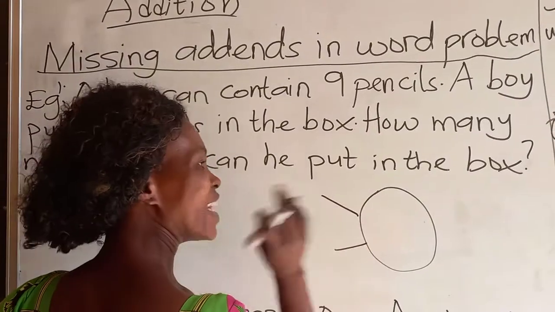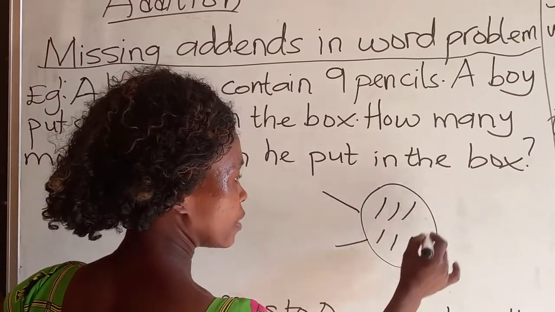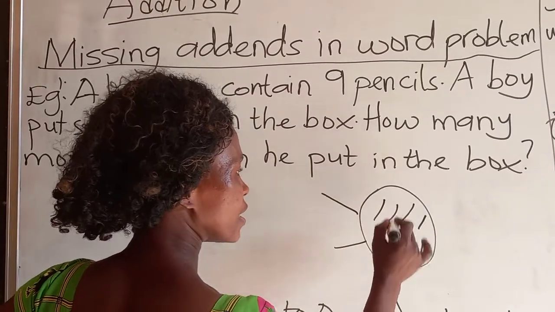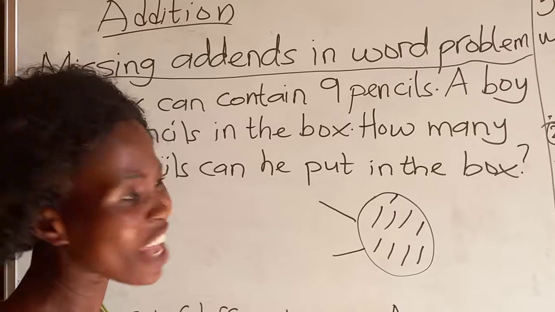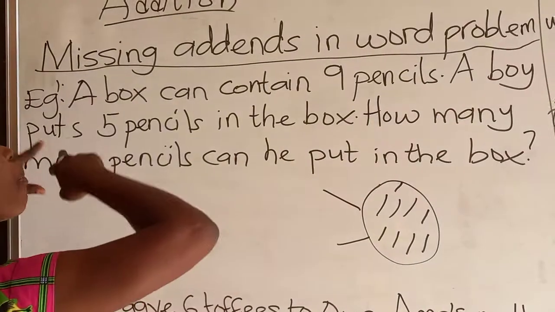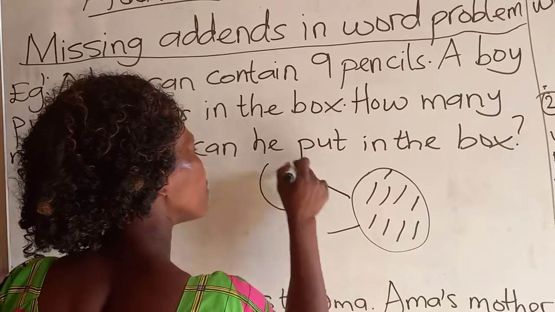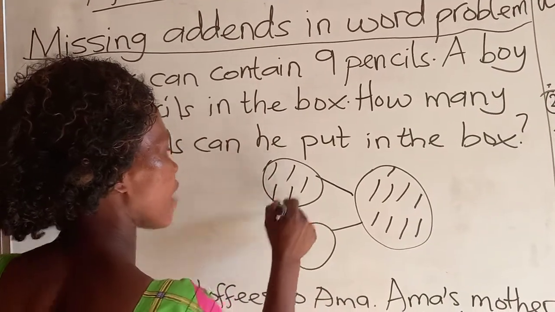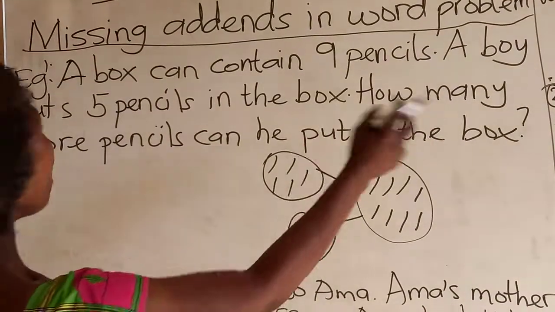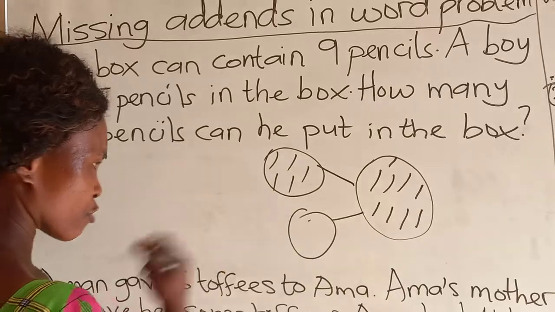This box can contain 9 pencils: 1, 2, 3, 4, 5, 6, 7, 8, 9. And the boy put 5: 1, 2, 3, 4, 5. So how many more pencils can he put into the box?